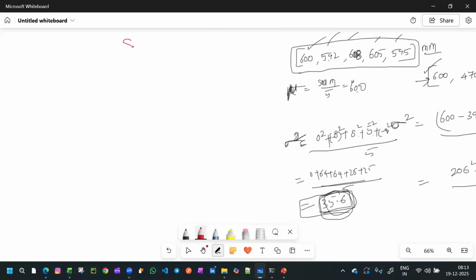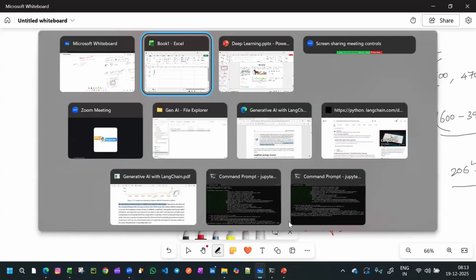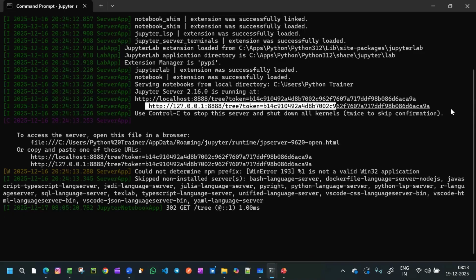Standard deviation is represented by sigma. It is equal to the square root of variance. This is my variance, so what is my standard deviation? It is the square root of 35.6. Let me calculate the square root of 35.6 quickly using Python.